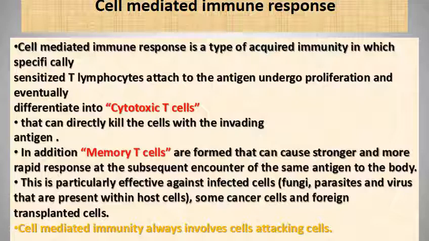These cytotoxic T cells are killer cells. They directly kill the cells which are infected, and some of these cells in the clone form memory cells which produce a stronger response at the subsequent encounter of the same antigen. You have to write it like that. Okay.